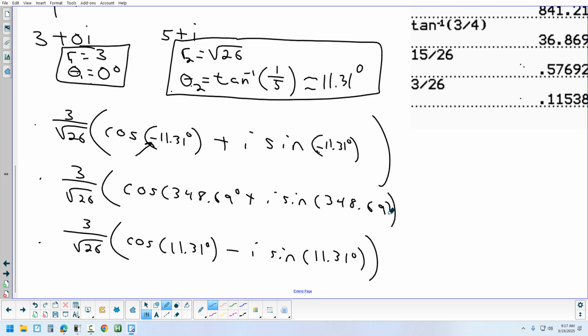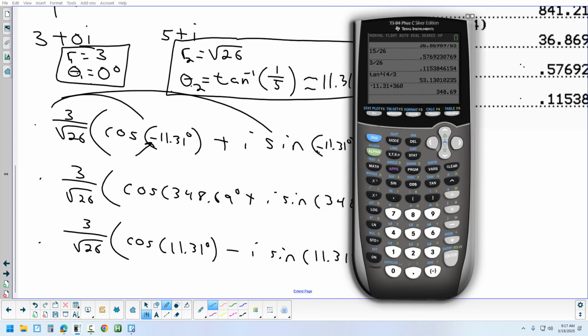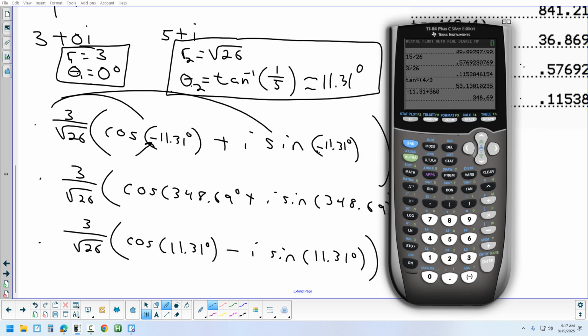All right, now let's just take one of them, distribute this out, and see if we get 0.5769 for the first part. If we do, then we know what we did in trig form is the same as what we did in standard form. So let's see. We have 3 divided by square root 26. I'm not worried about fixing the square root in the bottom right now. Should I? Yes.